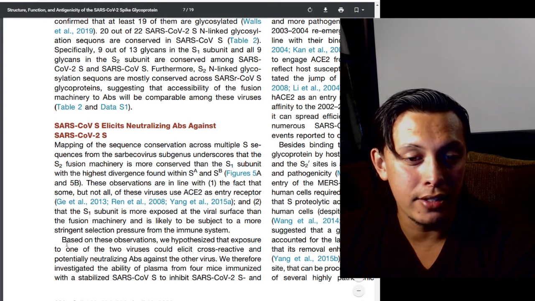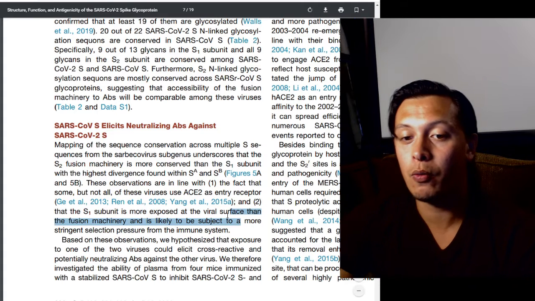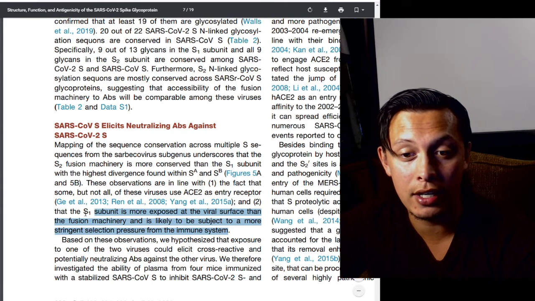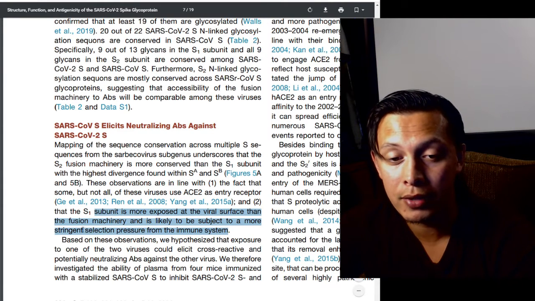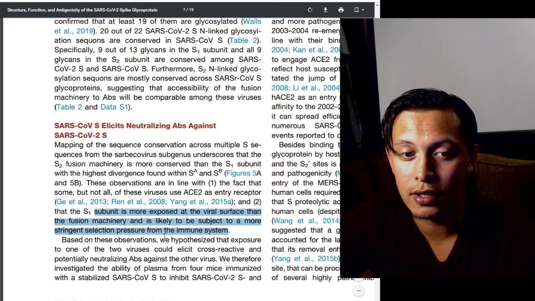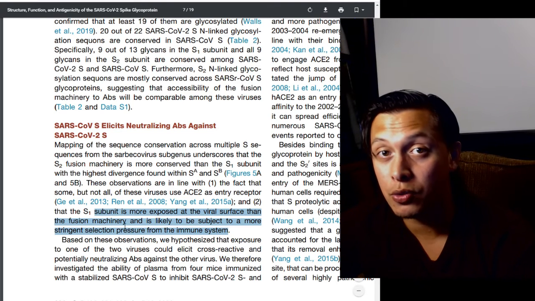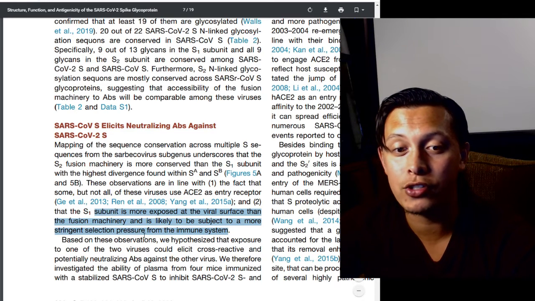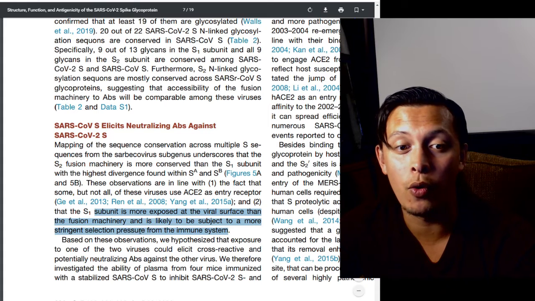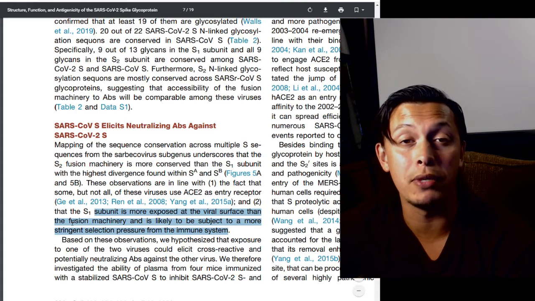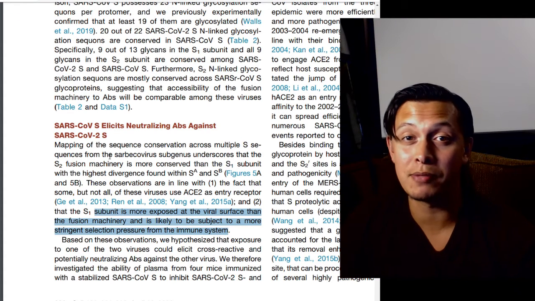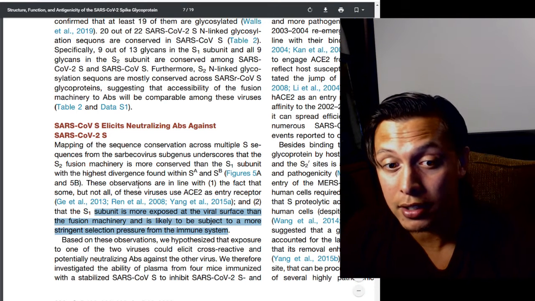Okay, so what they're arguing right now is that since the S1 subunit is exposed, it's probably going to want to change more frequently because it's always trying to avoid the immune system. So by avoiding the immune system, you can just change your surface over and over again, and that would be a way to change which antibodies would work against you, or at least make some older antibodies obsolete.